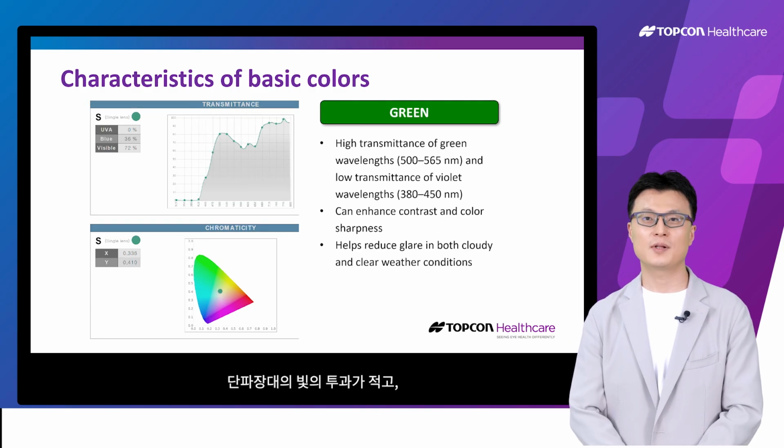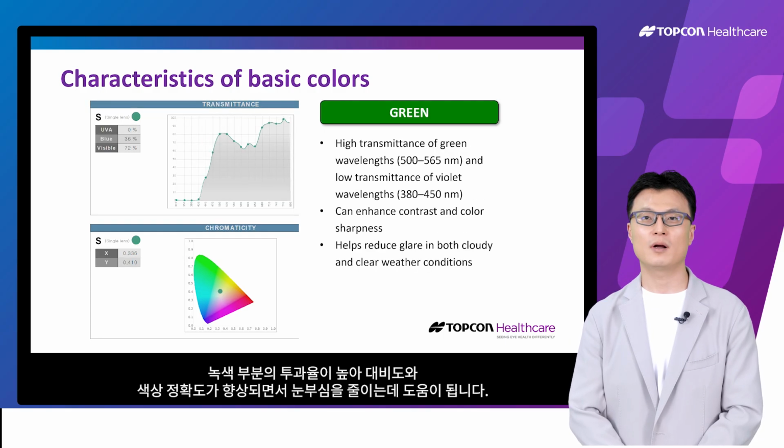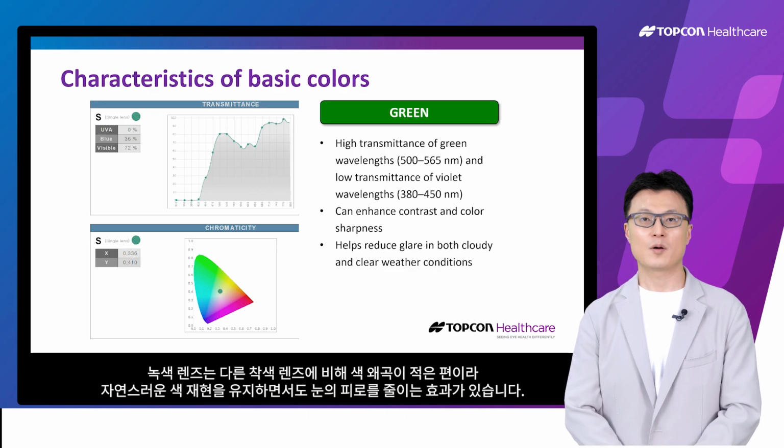Green lenses transmit less short wavelength light while allowing more green wavelengths through, which helps reduce glare and improves both contrast and color accuracy. Compared to other tints, green lenses typically cause less color distortion, so they preserve a more natural color appearance and help reduce eye fatigue.